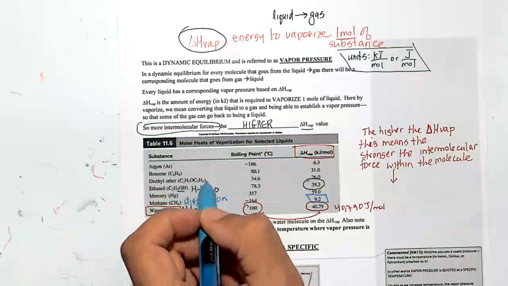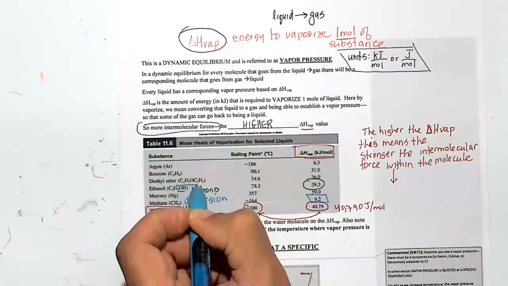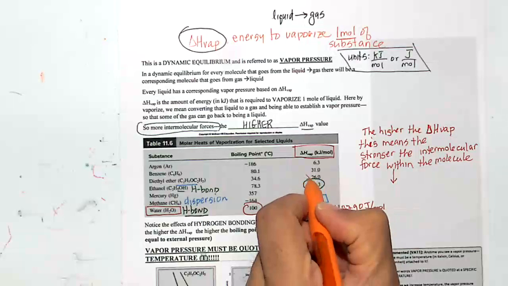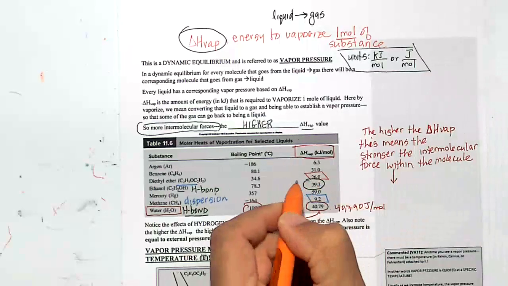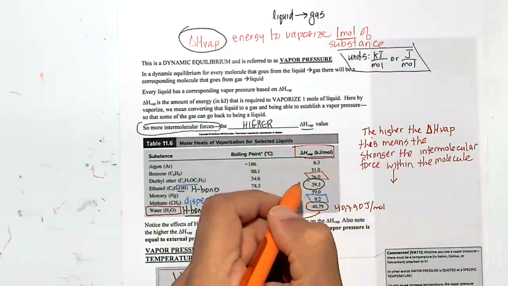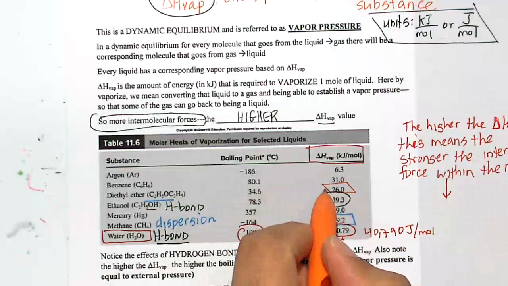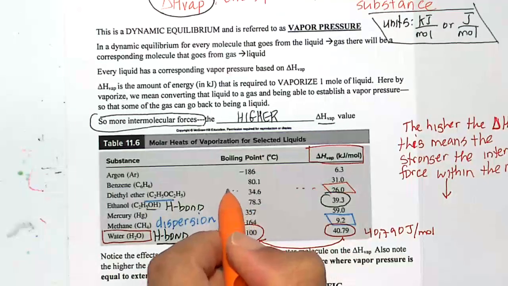What about diethyl ether? Remember the ethers? What do you think the 26 is going towards? 26 kilojoules. What is that being used to break?